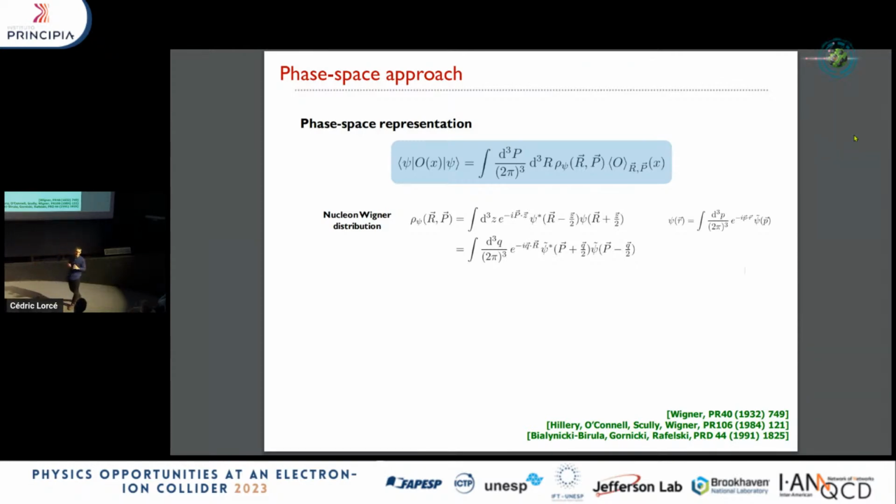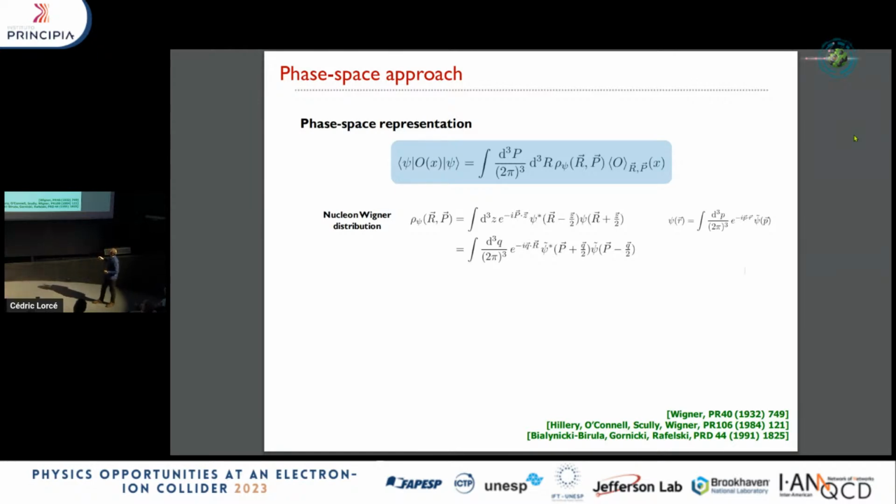Here's the same picture with a phase-space approach. You demand to localize your system not only in position or momentum space, but you want the system to be localized with average momentum P and average position R. So you need a phase-space picture.